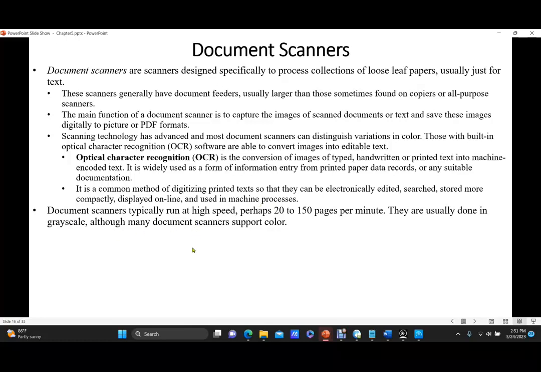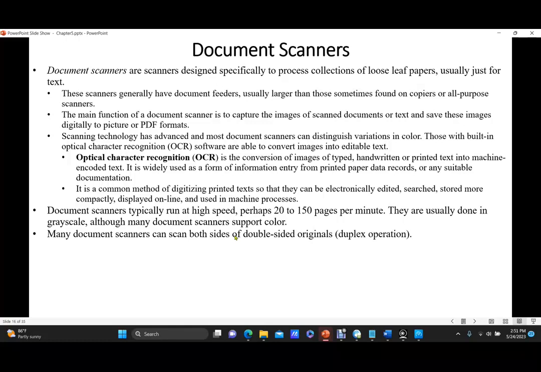Document scanners typically run at high speed, 20 to 150 pages per minute. They're usually done in grayscale, although many of them do support color. Many document scanners are capable of duplex operation.